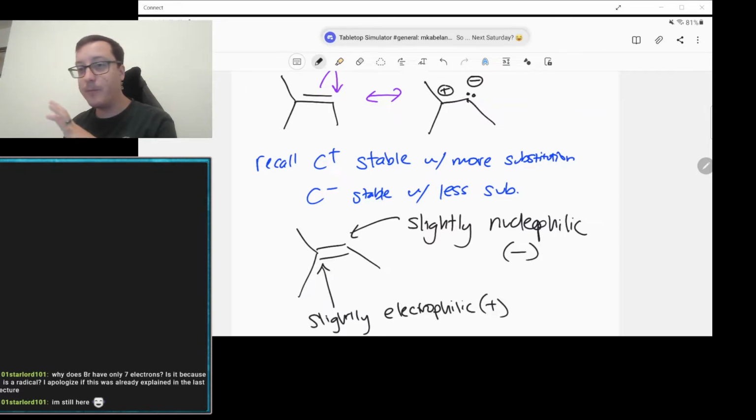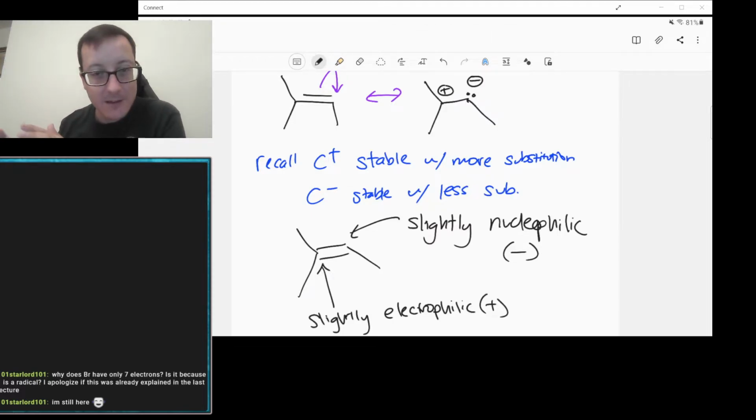Again, they're not really positive or negative, but we're going to see that as a result of reacting them, we're going to preferentially choose one side over the other when we have non-symmetrical alkenes.